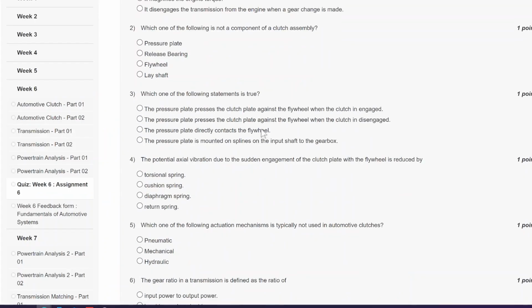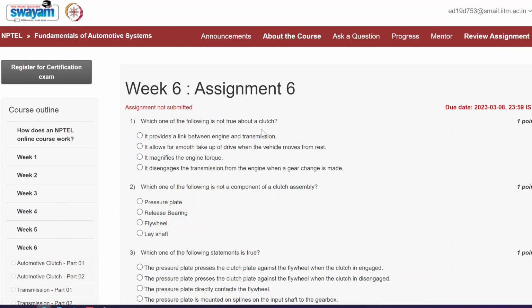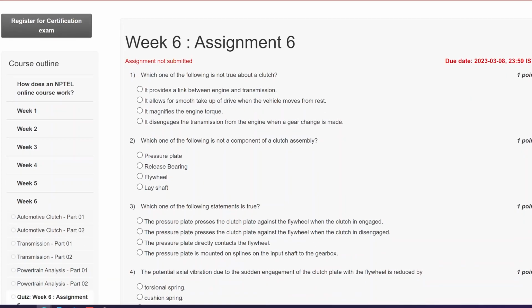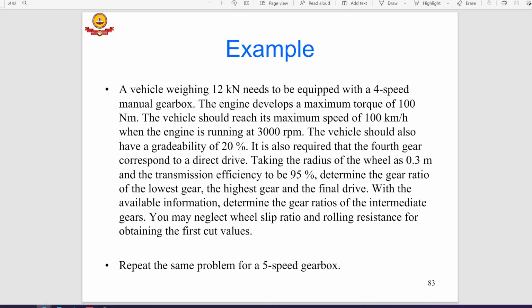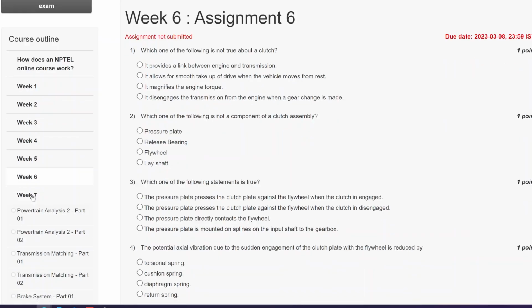As per the timeline, the week 6 assignment is due day after tomorrow, and we have discussed week 7. Week 7 starts with transmission matching and introduction to the brake system. Let me quickly take a look at what's going on in week 7.